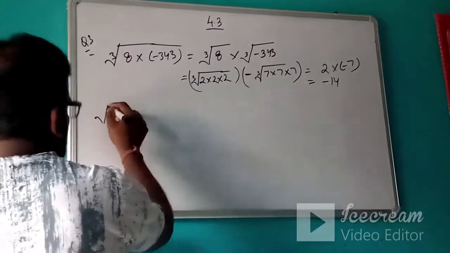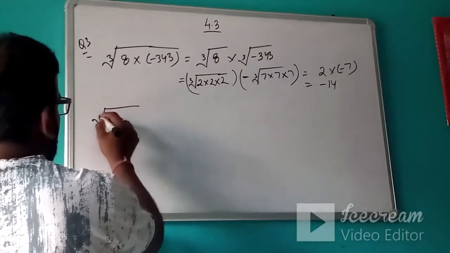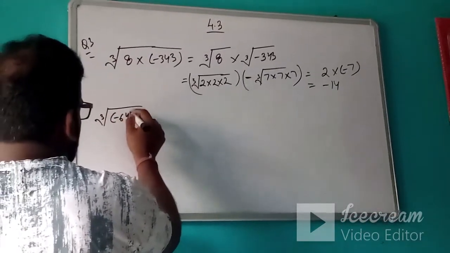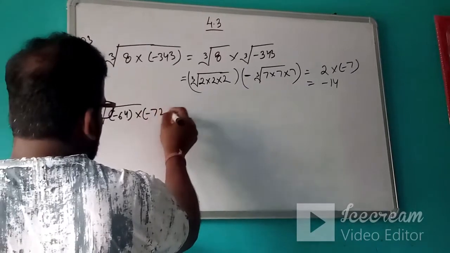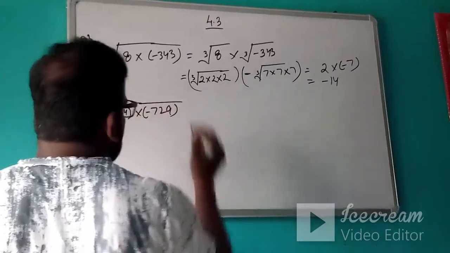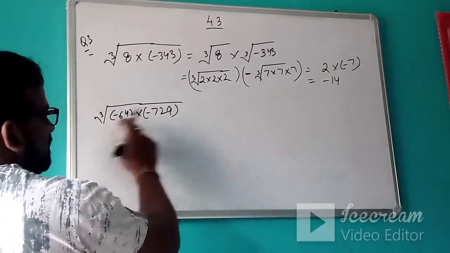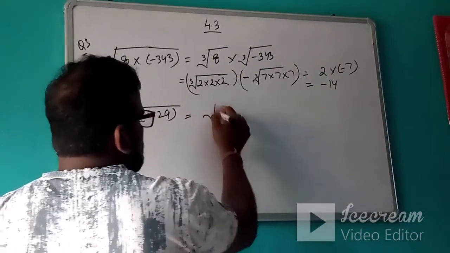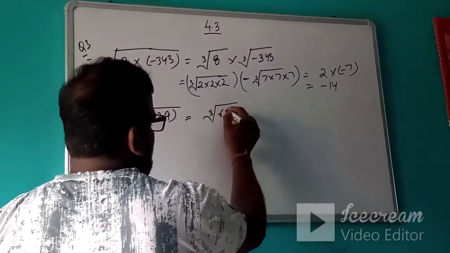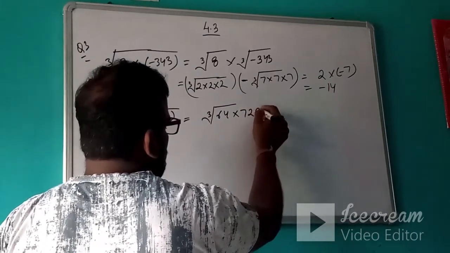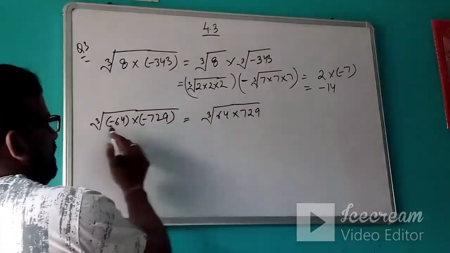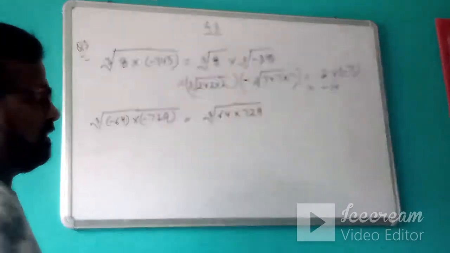Suppose we have to find the value, one more way we will do. Minus 64 into minus 729. So what we will do? See, minus minus is plus. So we can write it like this, 64 into 729. This minus into minus becomes plus.